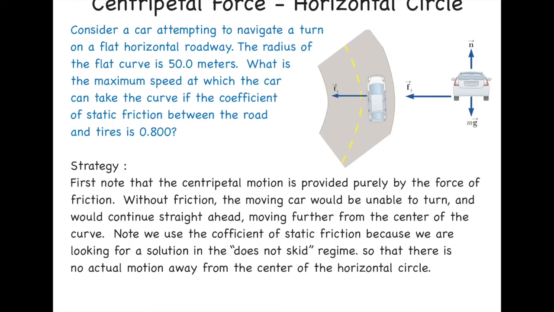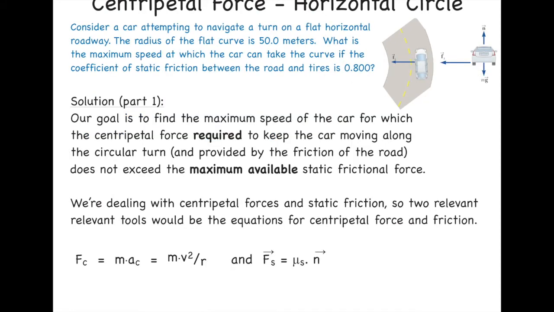To use the kinetic coefficient of friction, we would have to be in a regime where the tires were already slipping and skidding across the surface, and we don't want that. So for a solution, we always keep track of what our goal is.